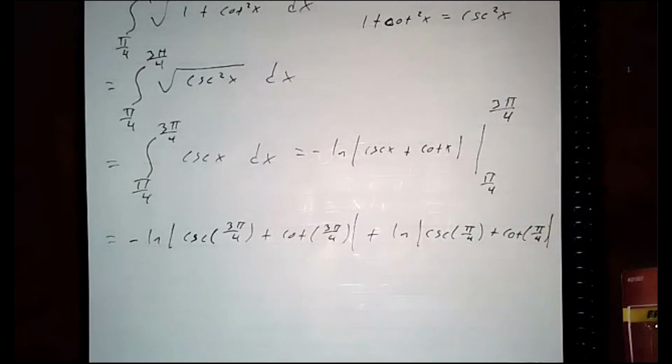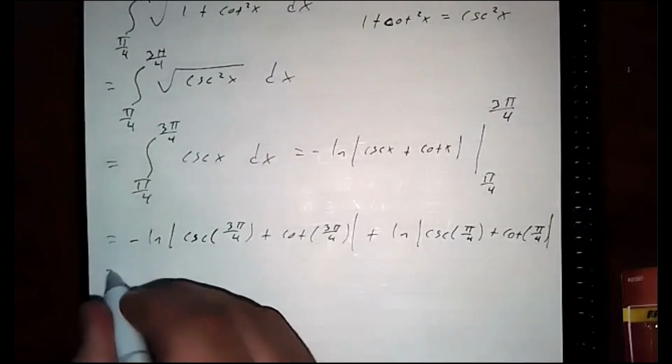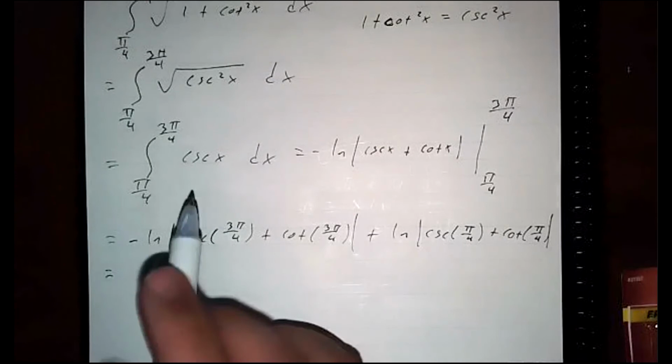So what is cosecant of pi over 4? It should be 1 over sine. 3 pi over 4 would be, it was 4, right?